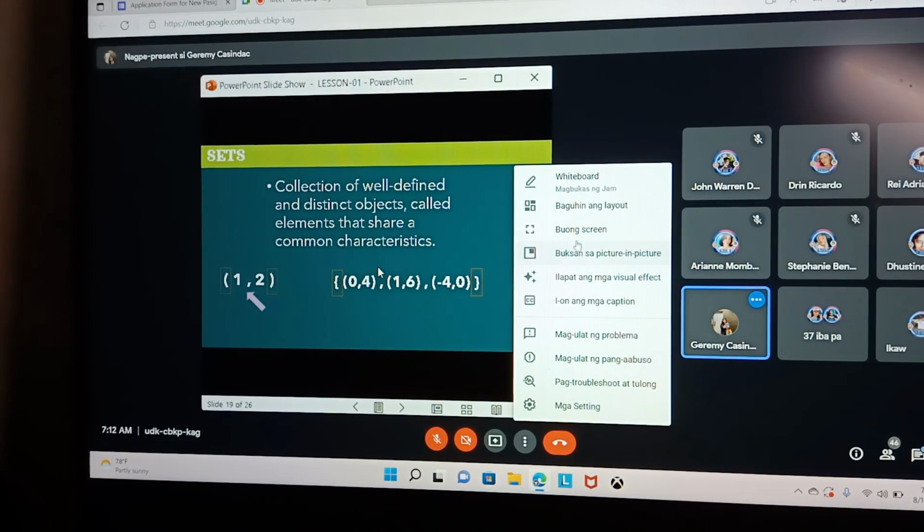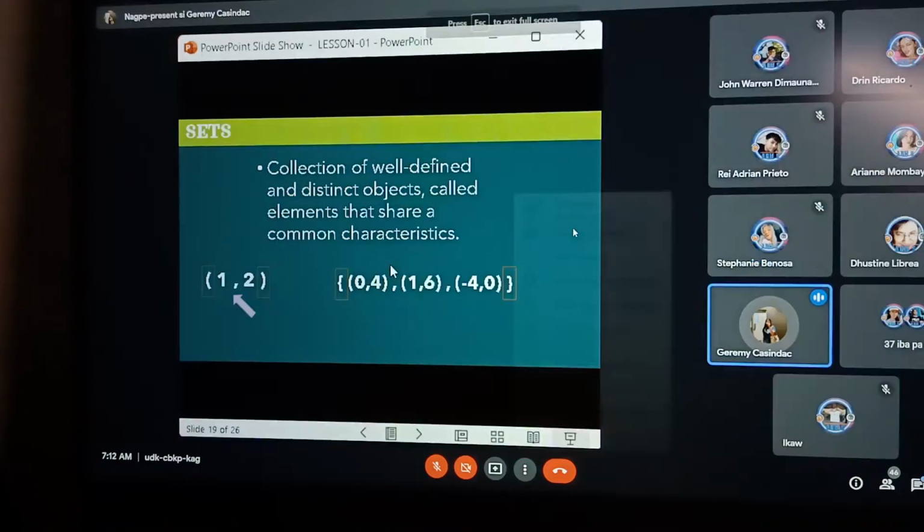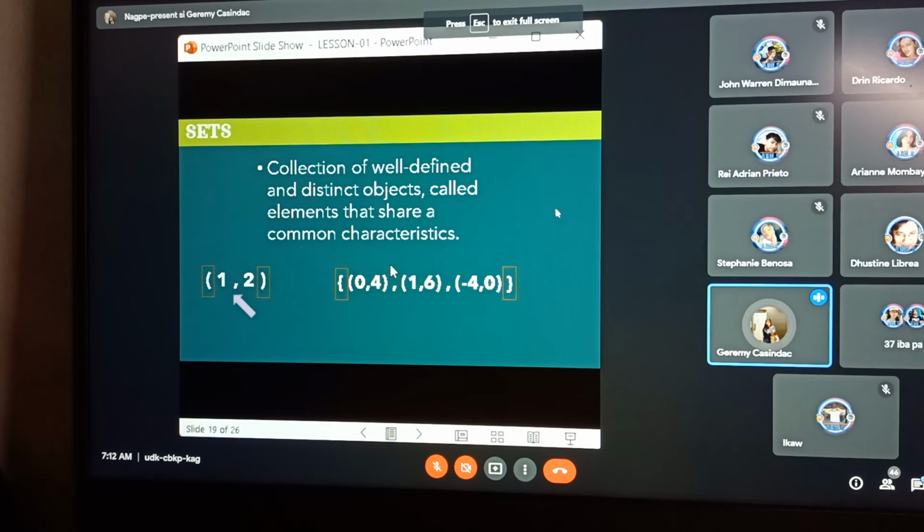Saan? So when it comes to ordered pairs, it is represented in what? And sa ating set is represented in what? Okay, no one.